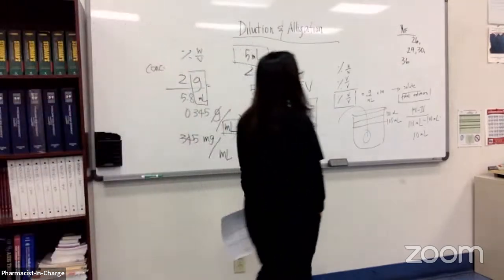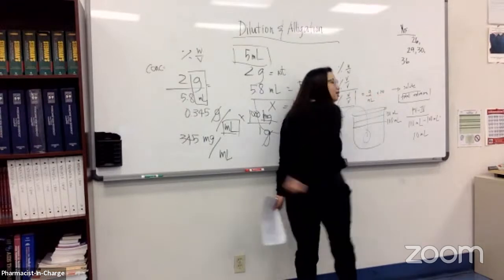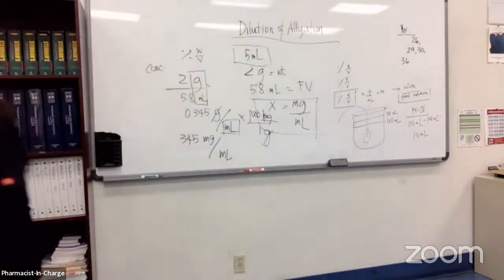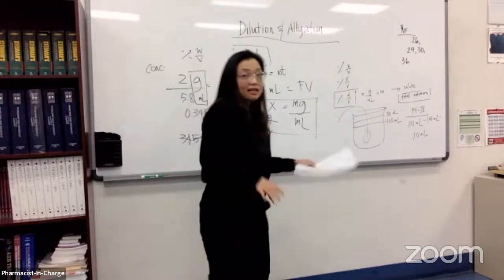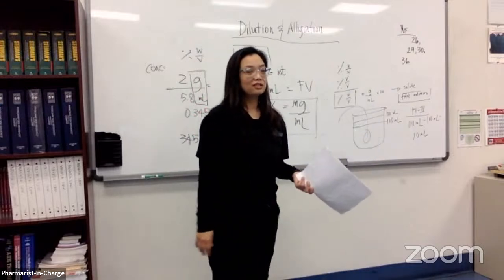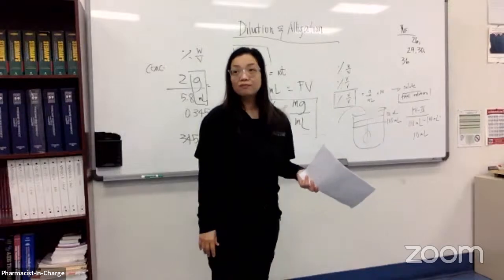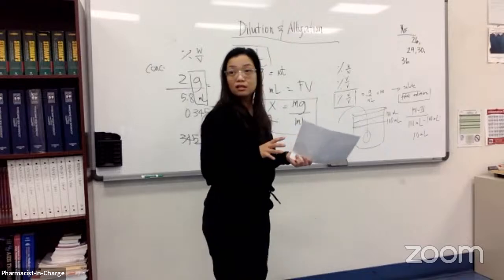It's a simple grams divided by ml times 100. You get your percentage. That's why I said many questions on the PTCE are disguised but they're actually percentage questions. So if you have to master a particular math topic, it's going to be percentage.